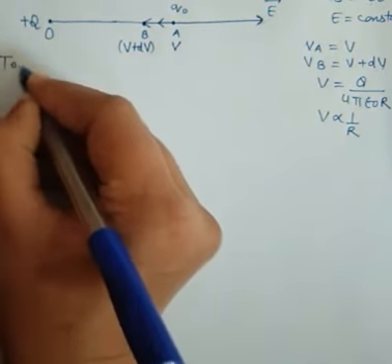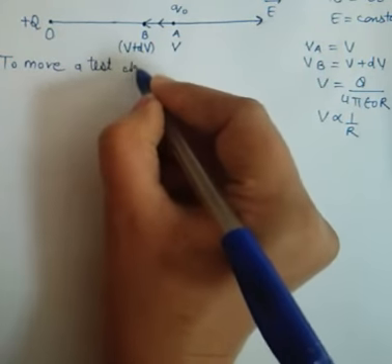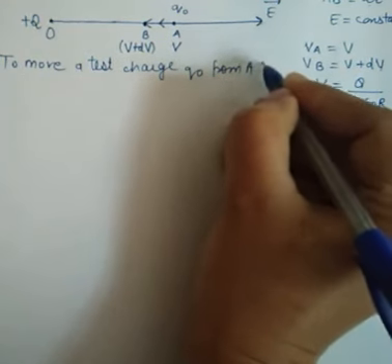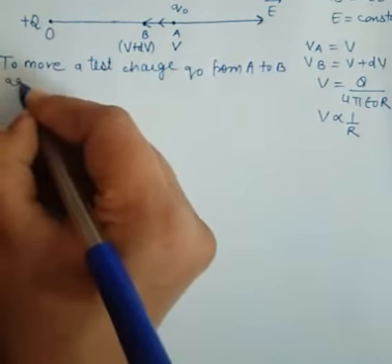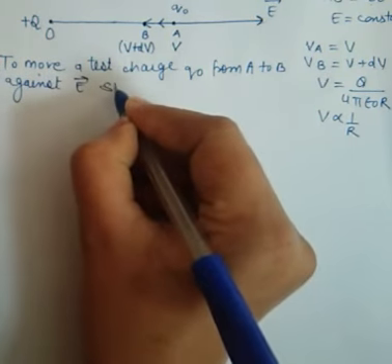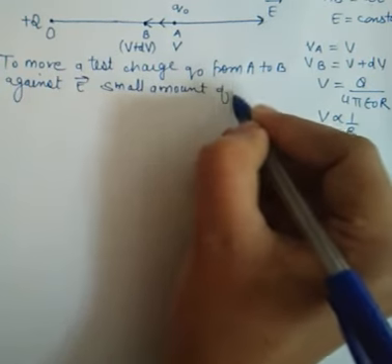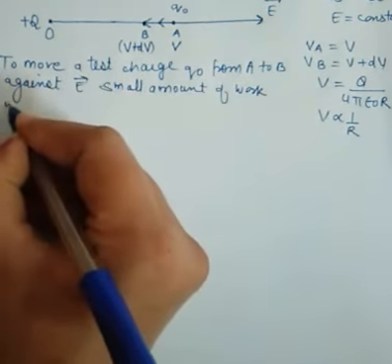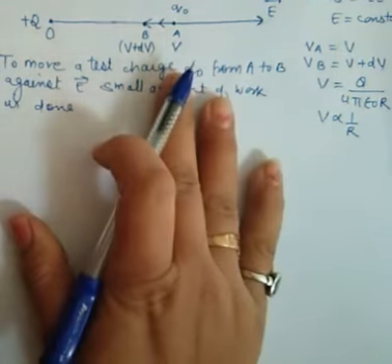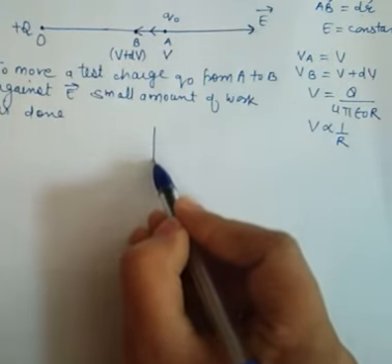To move a test charge Q naught from A to B against the electric field, a small amount of work is done. So as to find out the relation between field and potential, I will calculate this work done by two methods.